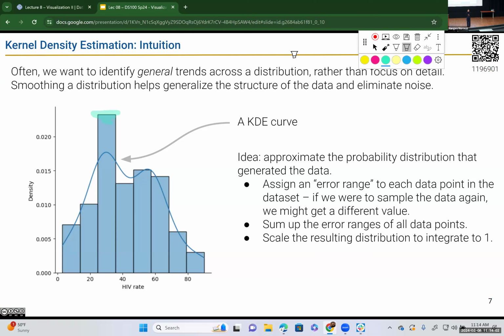We're saying that in order for me to figure out at any given point what is the probability for me to have a given data point at that specific value, we can define it using a probability function, as opposed to just directly counting the exact number of values that we have in our data set and then normalizing the height of these bars so that the area of all of those bars together adds up to be equal to 100% or equal to 1.